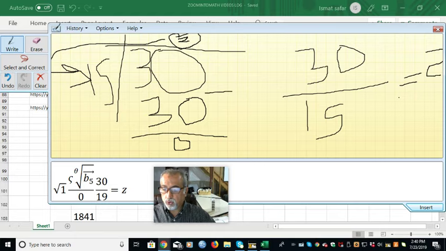Or there are 30 books and 15 students, so each one of those students gets 2 books. Or 30 apples over 15 children, each child will have 2 apples, right? So there are 2 15s in 30. That's what we mean by division.